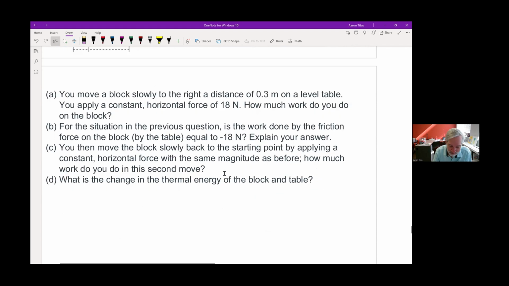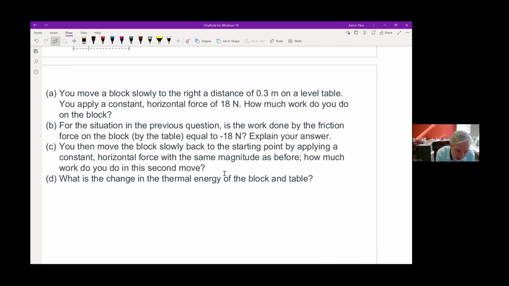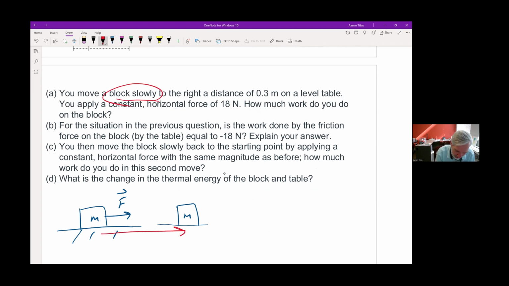In this problem, you move a block. So here's a block, and you exert a horizontal force on this block, and you move it a distance of 0.3 meters on the level table. And it moves slowly, so we'll assume constant speed.